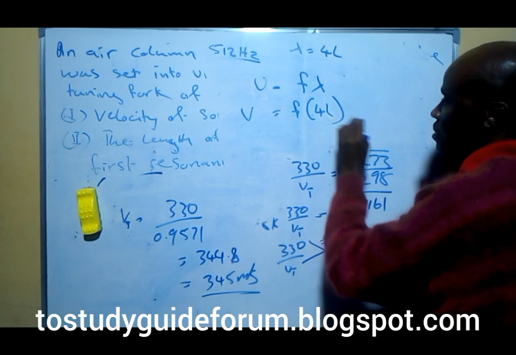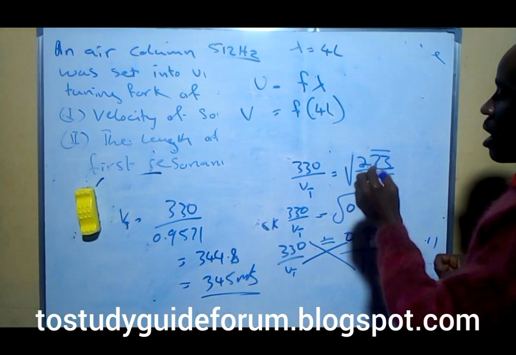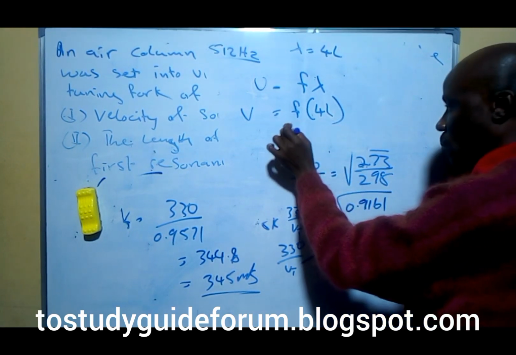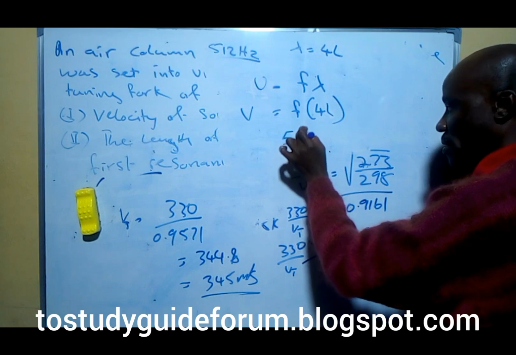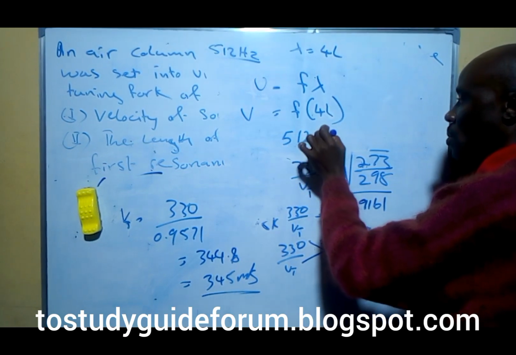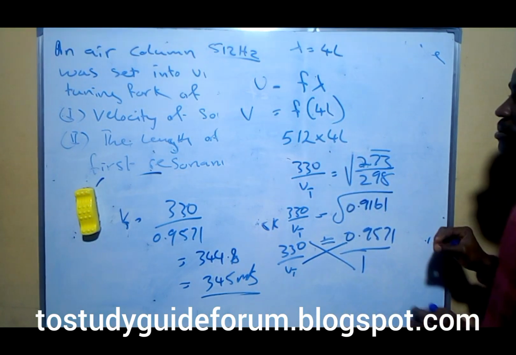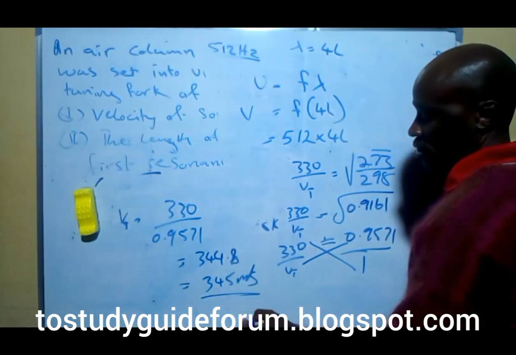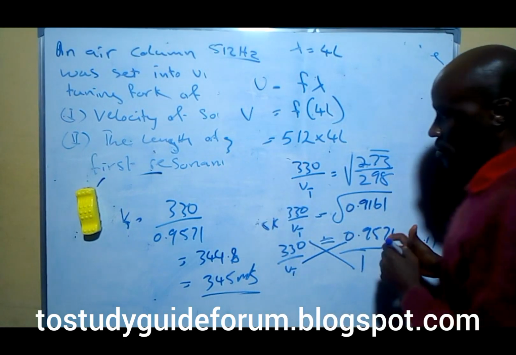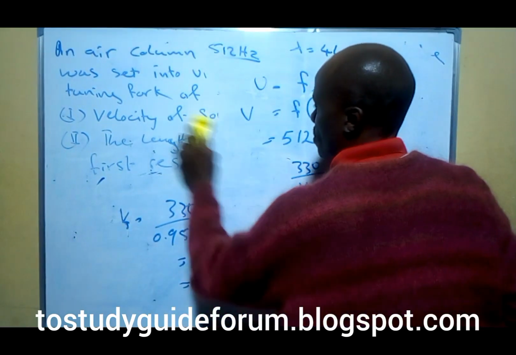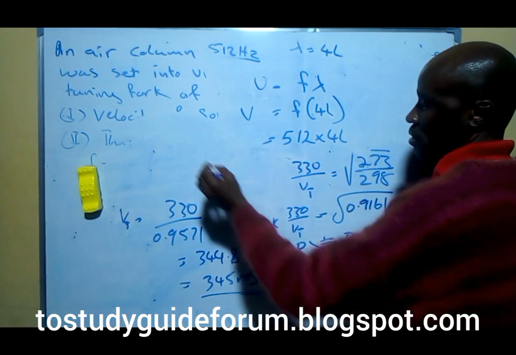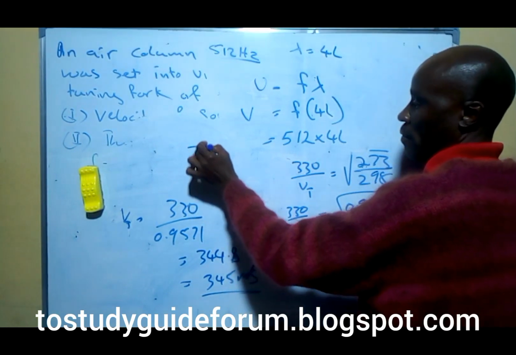This is L, please. So our frequency now is 512, and then we have times 4L equal to our velocity, which is 345.